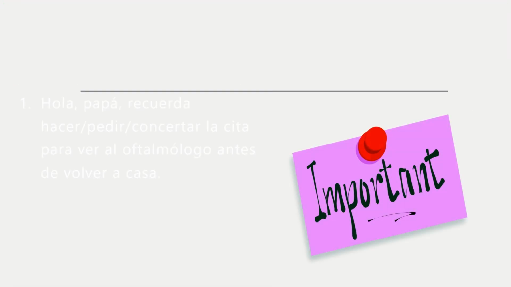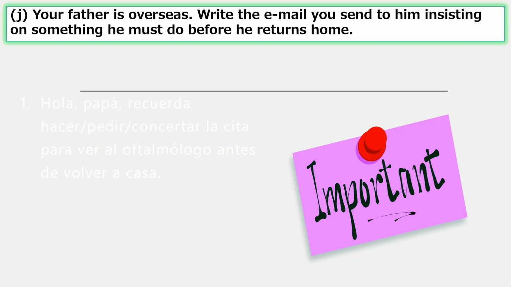We have reached our final question, question number 10, and it reads, Your father is overseas. Write the email you send to him insisting on something he must do before he returns home. So now let's look at two possible ways of responding to this situation.